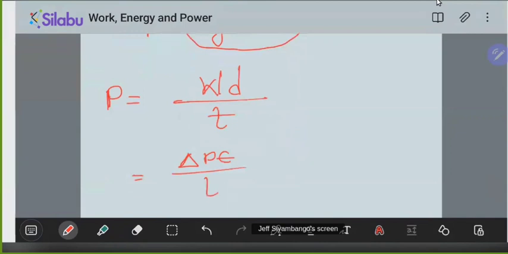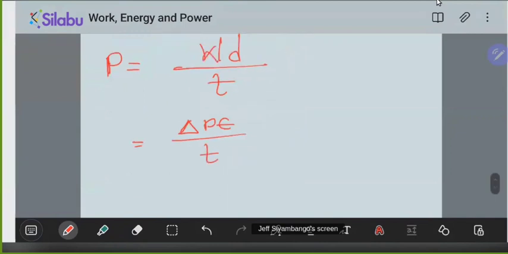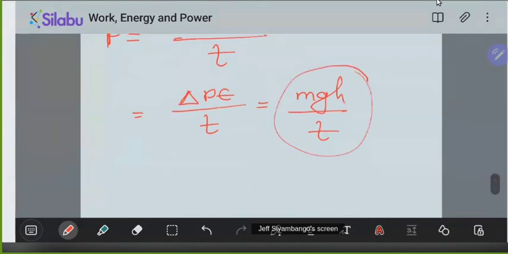You remember how this ended up last time? If your starting point is the reference point, 0, then your final position will be the final point. This can be seen as just mgh over t, because that is going to be your change in potential energy.